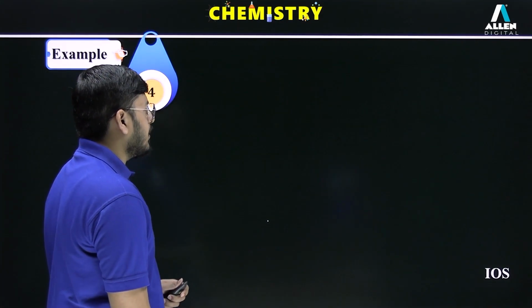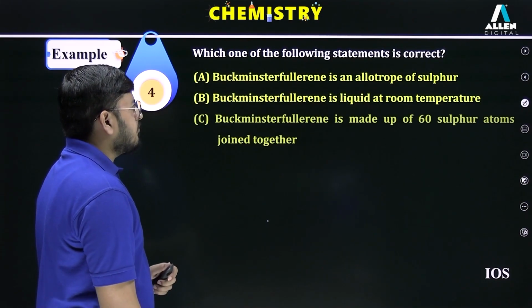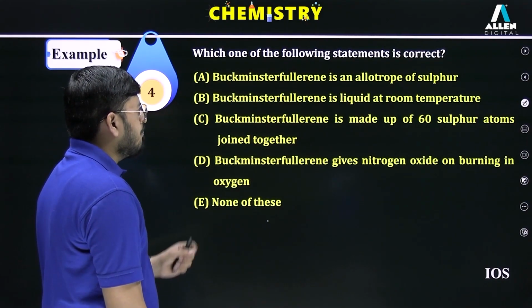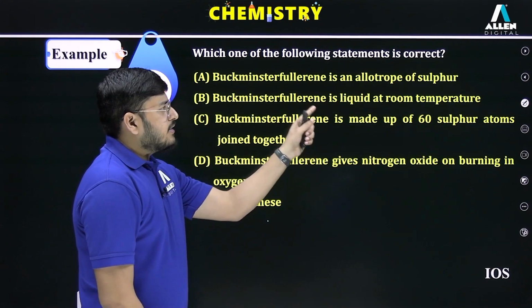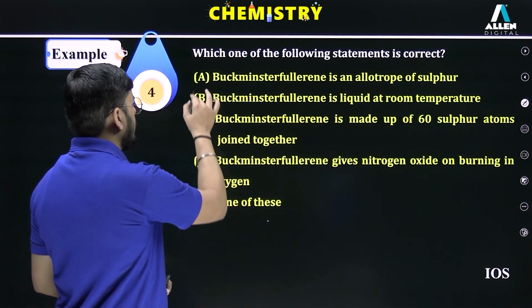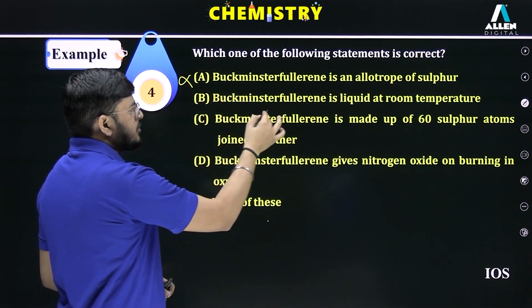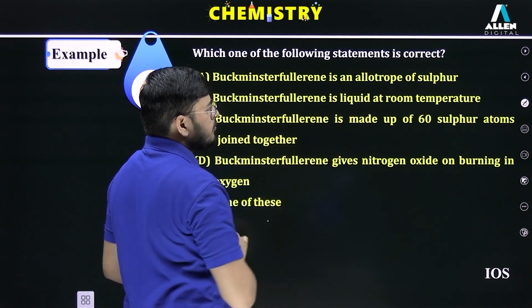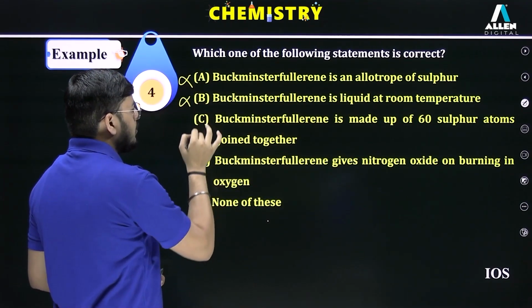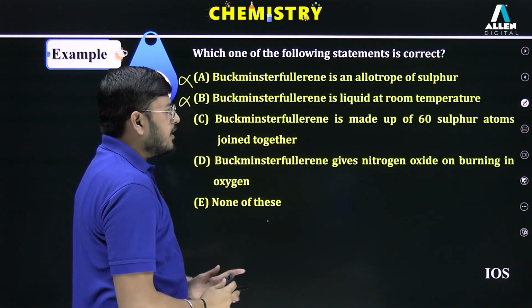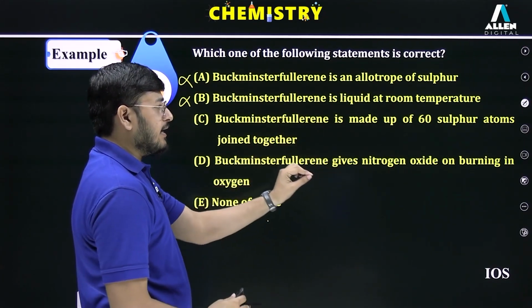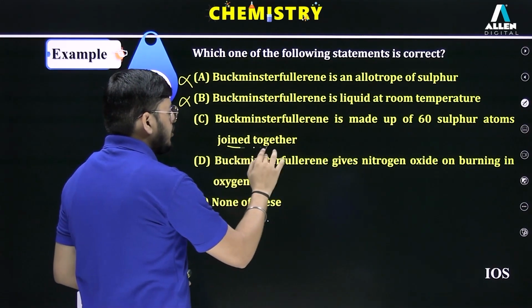Next one says: which of the following statements is correct? Buckminsterfullerene is an allotrope of sulfur. No. Buckminsterfullerene is a liquid at room temperature. No. Buckminsterfullerene is made up of 60 sulfur atoms joined together.